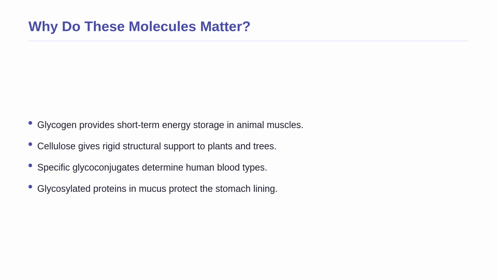In the plant kingdom, the polysaccharide cellulose provides the rigid structure that allows trees to grow hundreds of feet tall. Glycoconjugates are equally vital. For instance, your specific blood type is determined entirely by the glycoconjugates present on the surface of your red blood cells. Furthermore, the slippery mucus protecting your stomach from its own acid is packed with heavily glycosylated proteins.